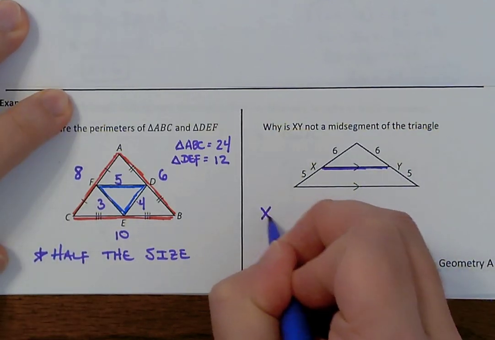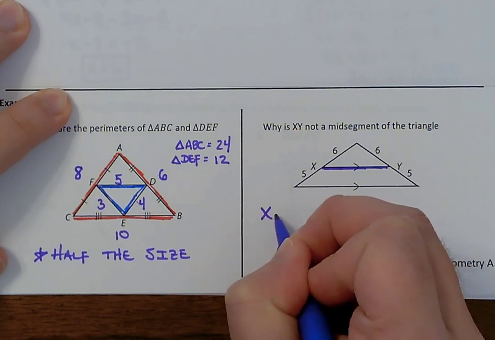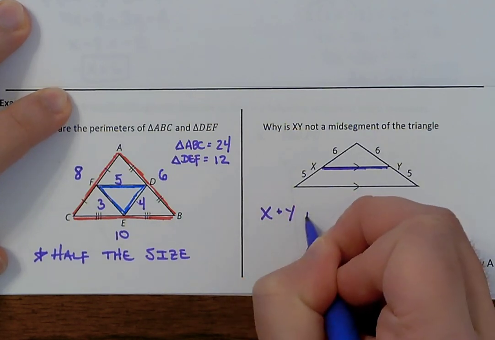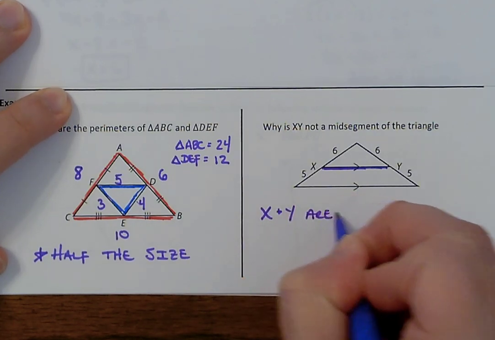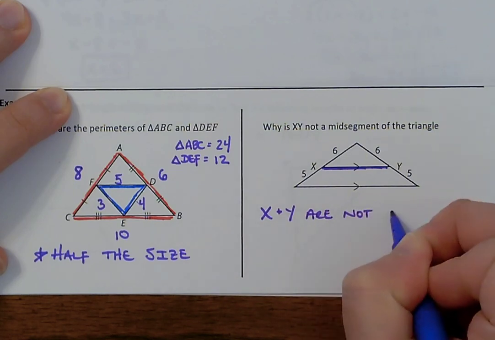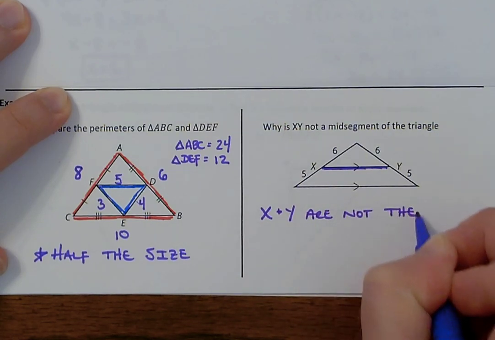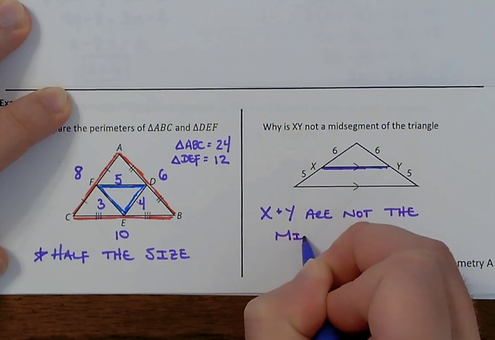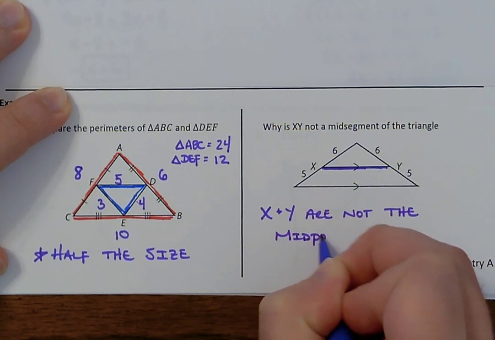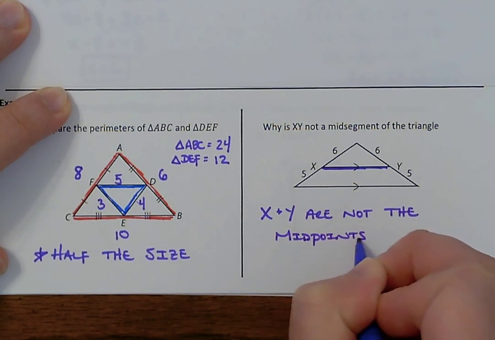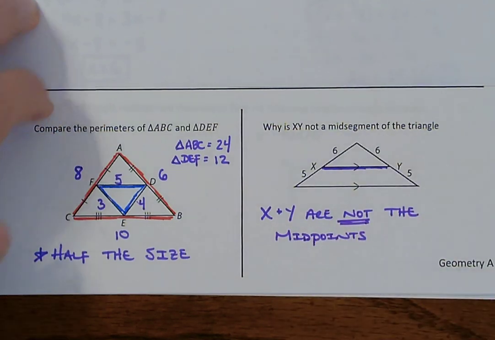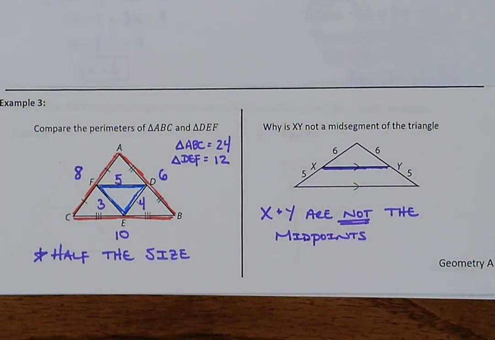So X and Y are not the midpoints. And that is why it's not the midsegment. So it has to be in the middle between those two segments for it to be the midsegment.